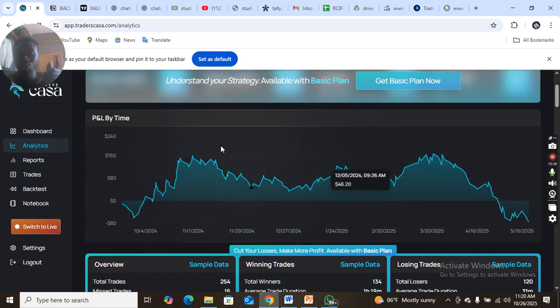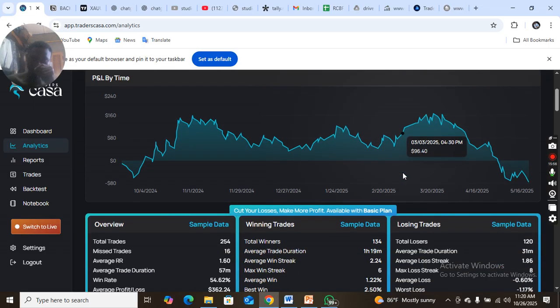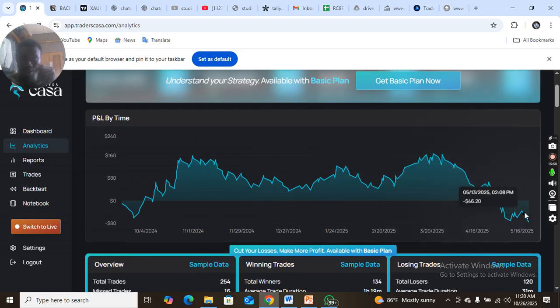So you can see that from here to here we were just consolidating for months, 3 to 4 months if I'm not mistaken, trying to make a higher high. So currently now we're on drawdown, right?